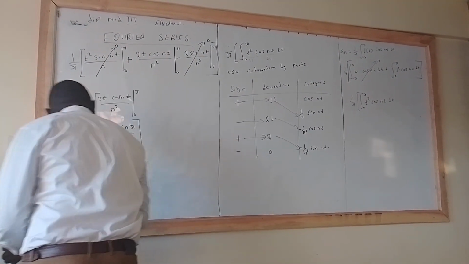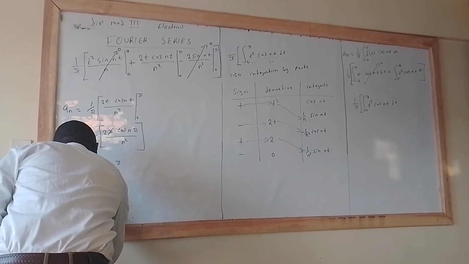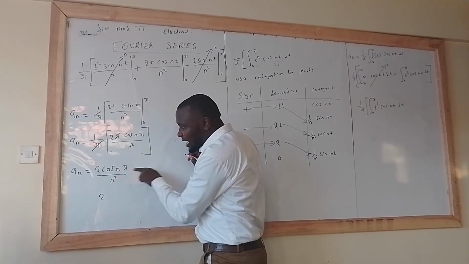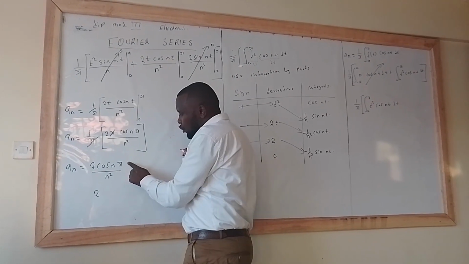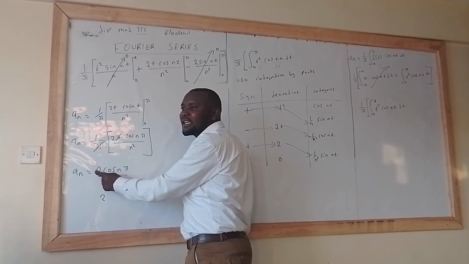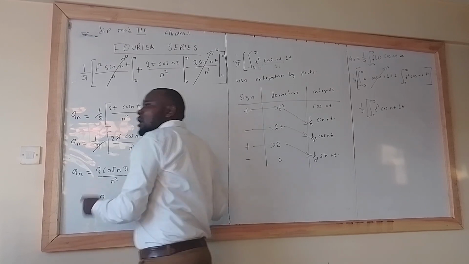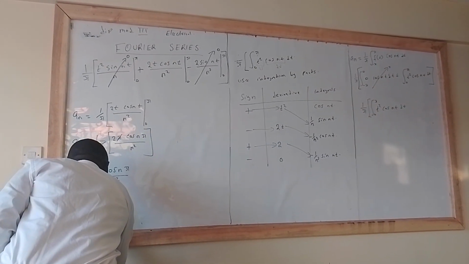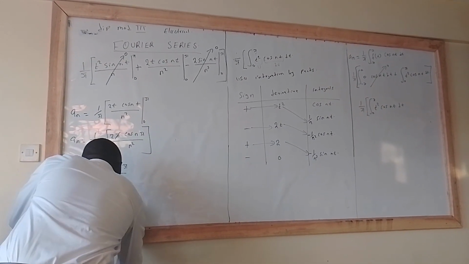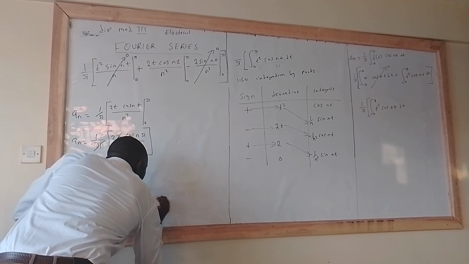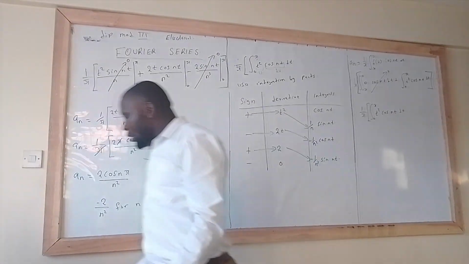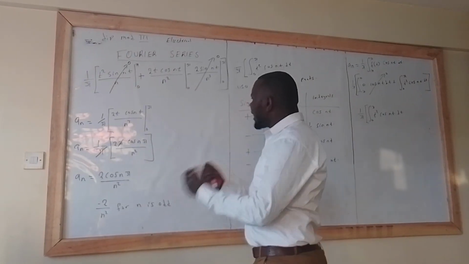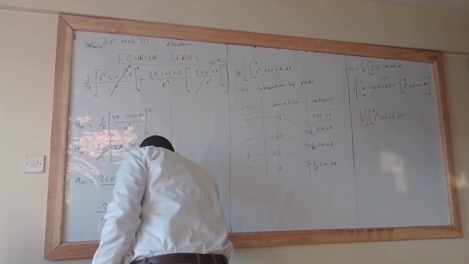So I will have 2 multiplied by -1 for cos n pi, which gives -2 divided by n squared, for n odd. So if n is odd, this is what we'll have. What about if n is even?